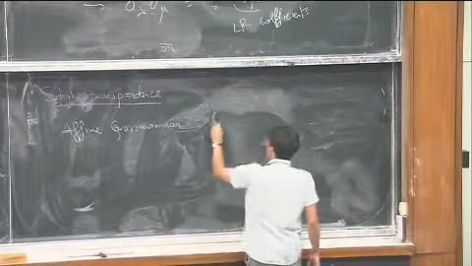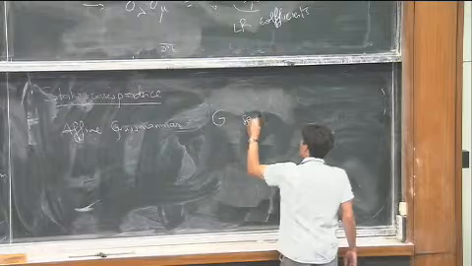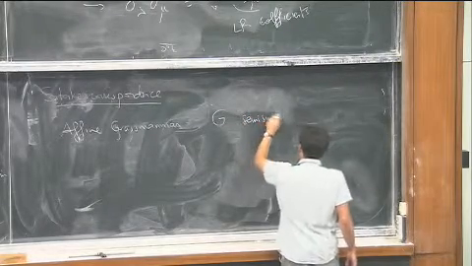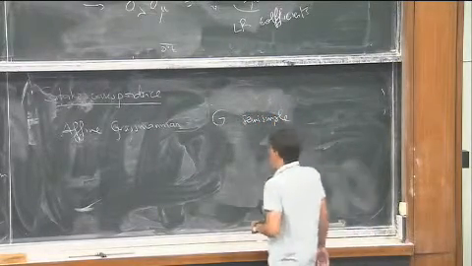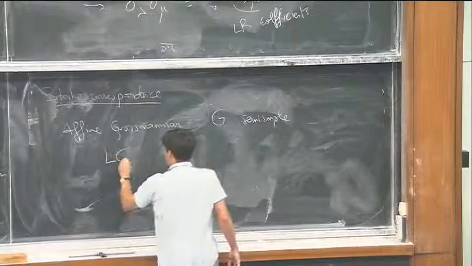So you start with, let's say, a semi-simple complex Lie group G, and then you introduce the loop group.